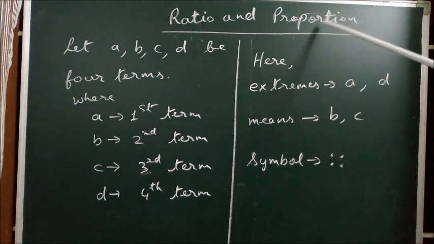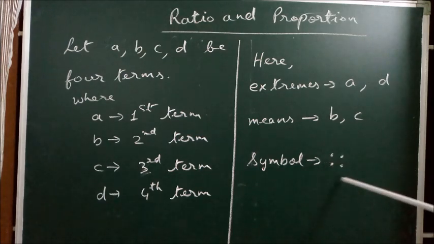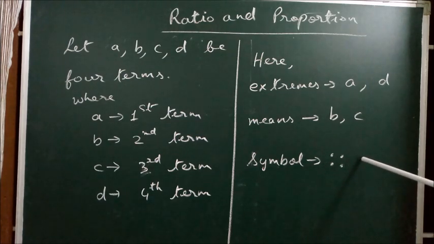For proportion, the symbol uses two colon signs, which can be replaced by an equal sign.